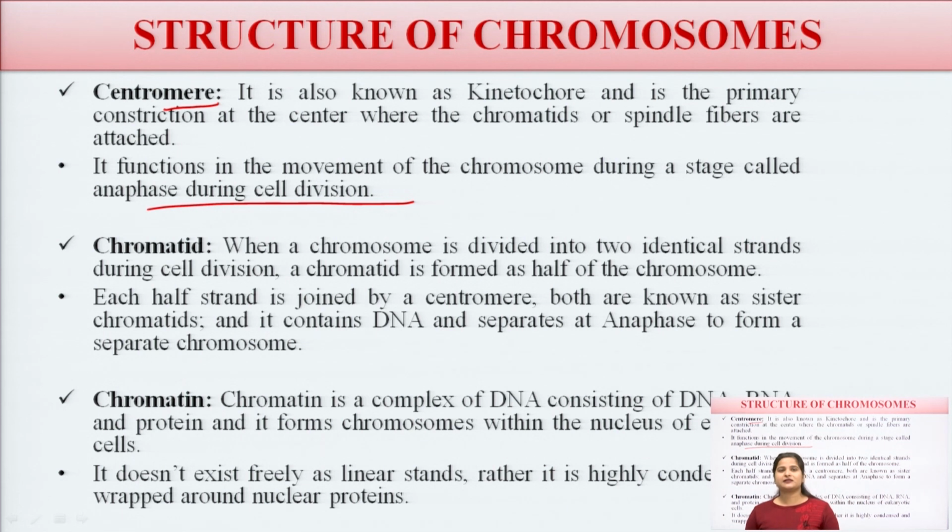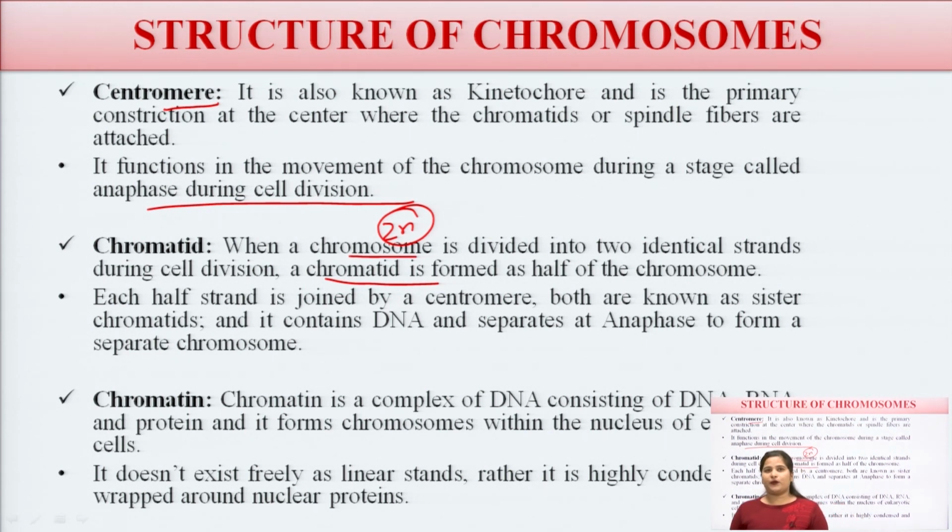Next is the chromatid. When the chromosomes divide into two identical strands during cell division, the chromatids are formed. A chromatid is half of a chromosome; the chromosome in the pair is 2n, but when chromatids form they are single in number, haploid, just half.